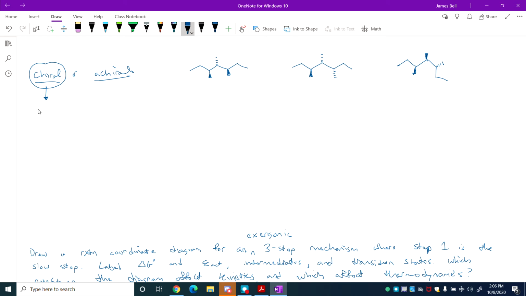And that is draw or create with a model the mirror image and see if the structures are superimposable.